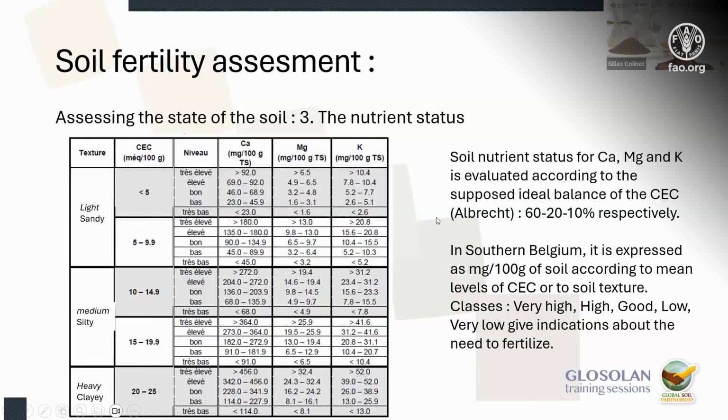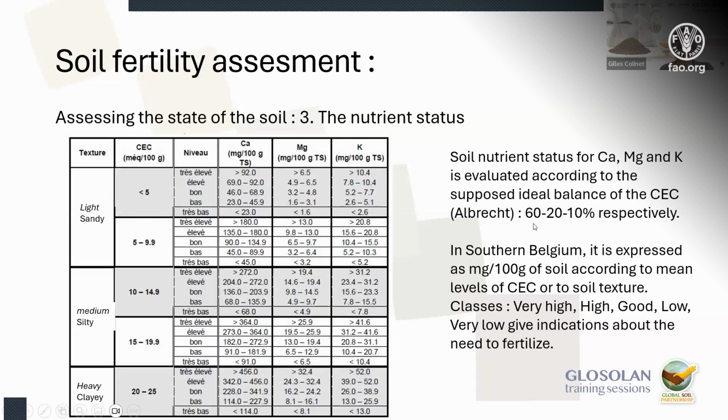And for each CEC level, we consider that the ideal balance of cations is 60, 20, 10% for Ca, Mg, and K. And so this is the ideal balance. With that, you can multiply by the CEC, and you have approximate levels. If you are good, it means that you are on this balance.